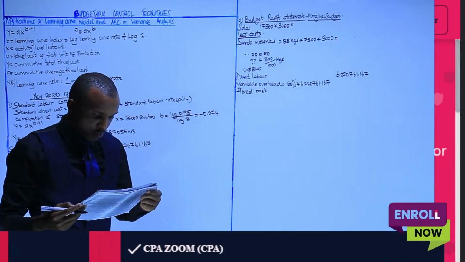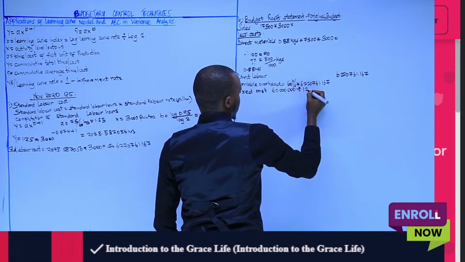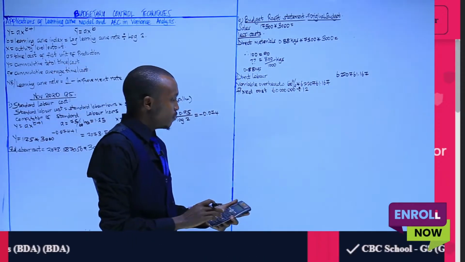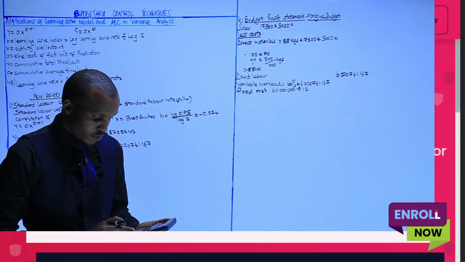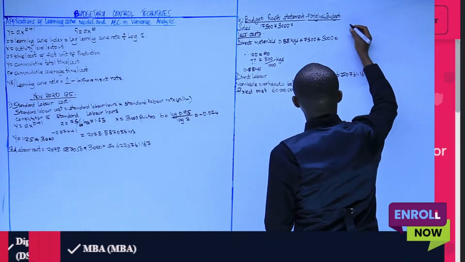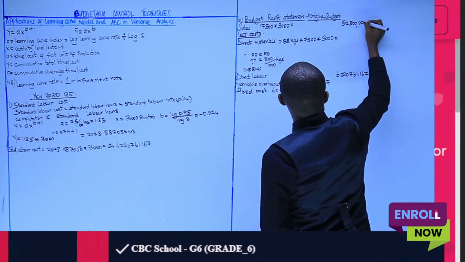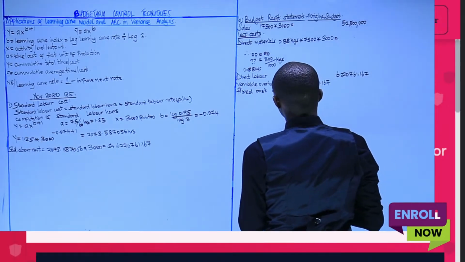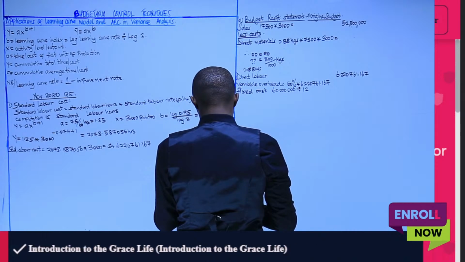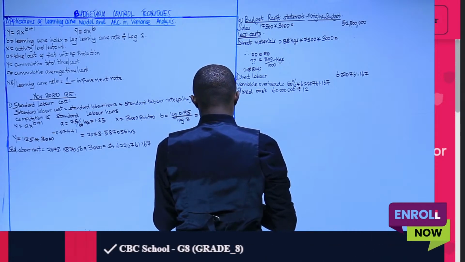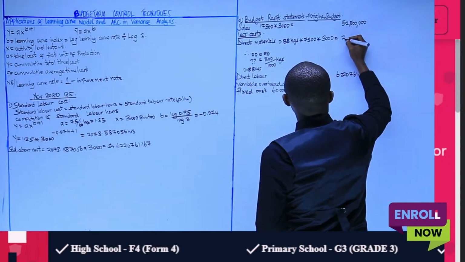For the whole year was 60 million, but you want only for the month of December. So you're going to take 60 million and divide that by 12 months. This is 20 million.